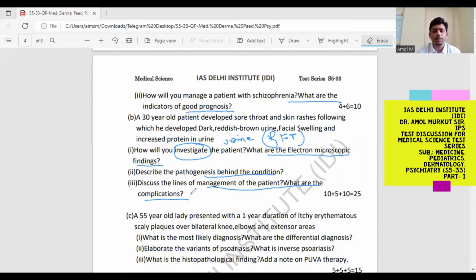You can use diuretics sporadically as much as needed. Then adequate proteins and managed calories. These are the things which you will do for the management of the patient. You have to manage the hypertension by giving antihypertensives. You don't give steroids usually in this case.